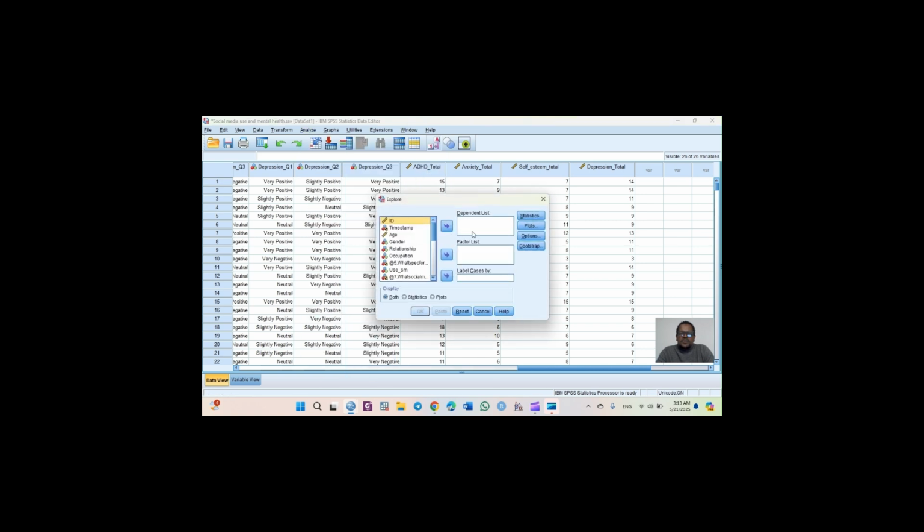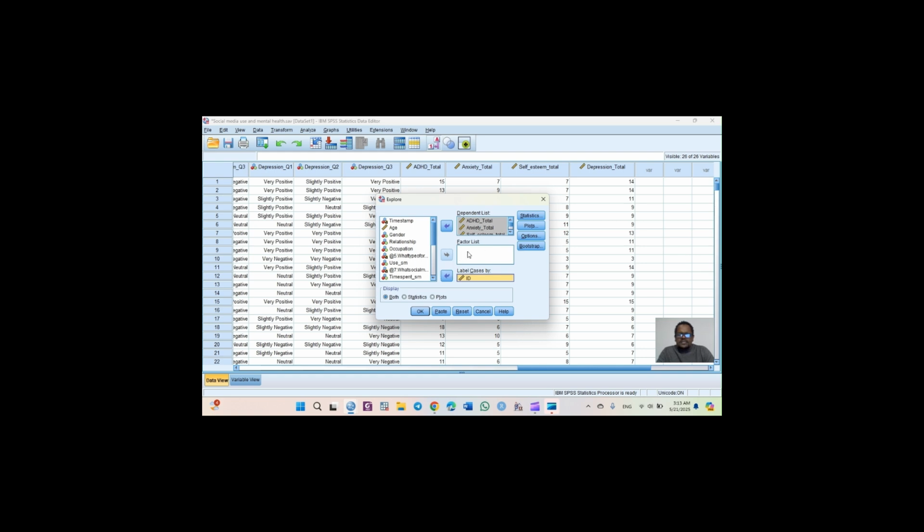When you click Explore, you will see this window. Let's bring our dependent variables to the Dependent List. And let me bring ID to Label Cases by. I want to label cases by ID. You can leave it empty, no problem, but with ID it will be clearer.